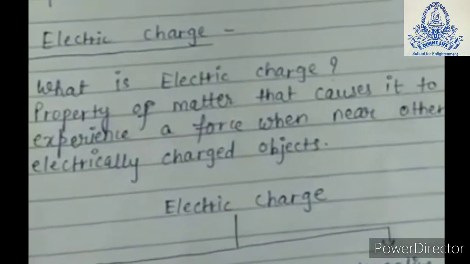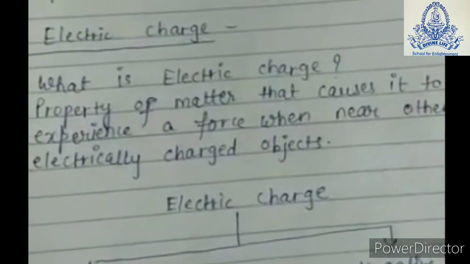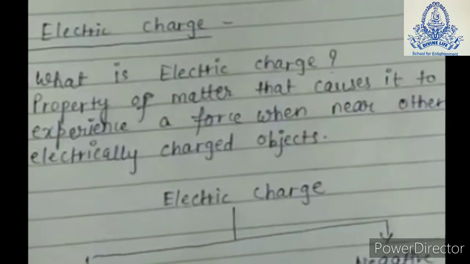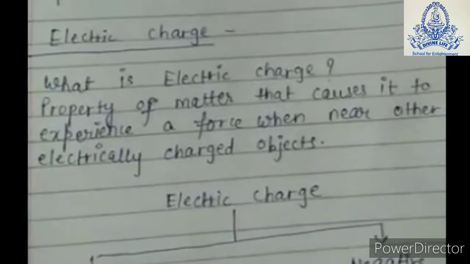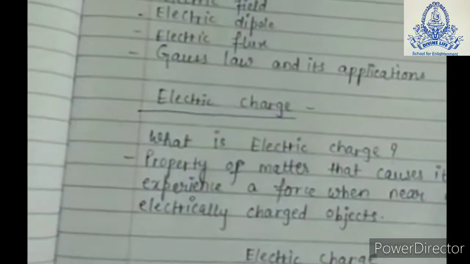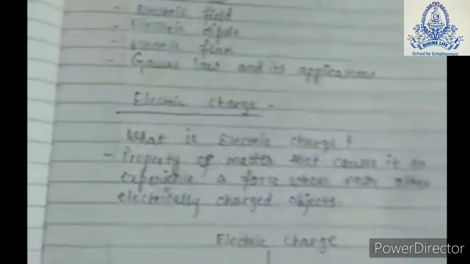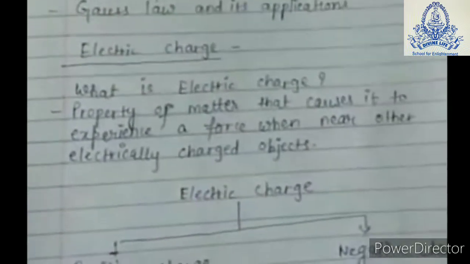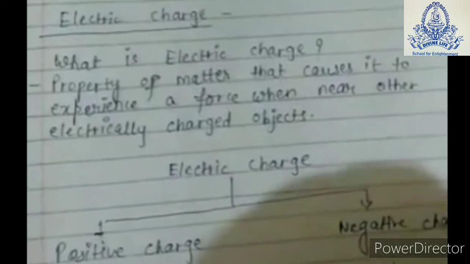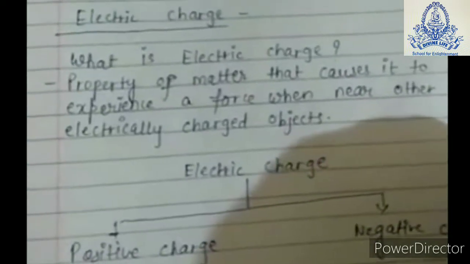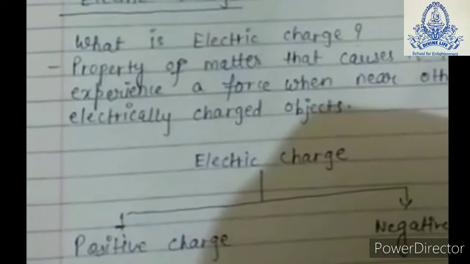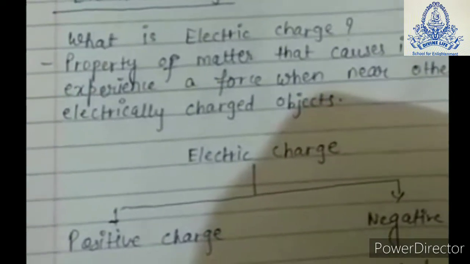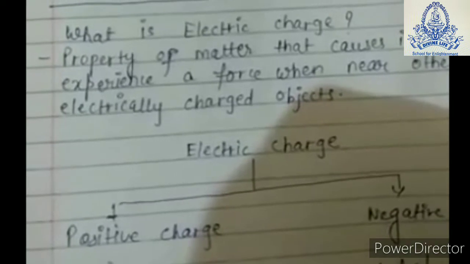Similarly, if you think of a comb, when you comb your hair, and if your hair is dry, then immediately if you take the comb near small bits of paper, what will happen? The pieces of paper start getting attracted towards it because the comb gets electrically charged.